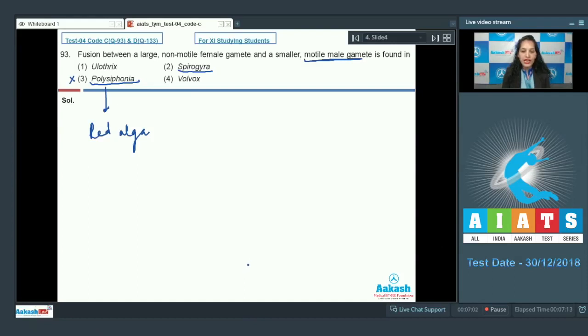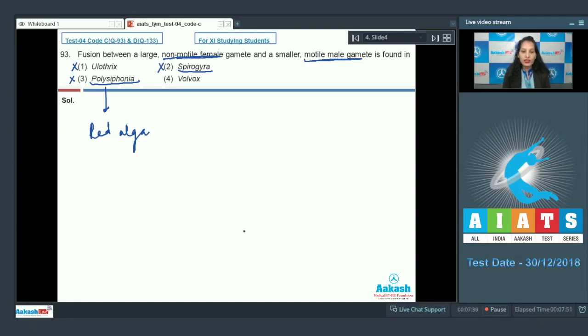It shows isogamous type of reproduction in which both male and female gametes are morphologically similar and non-flagellated. So this option is also ruled out as in the question, the male gamete should be motile. In case of Ulothrix, again Ulothrix is a green alga which shows isogamous type of reproduction, again morphologically similar gametes and both are flagellated. So this option is also ruled out because the female gamete should be non-motile.